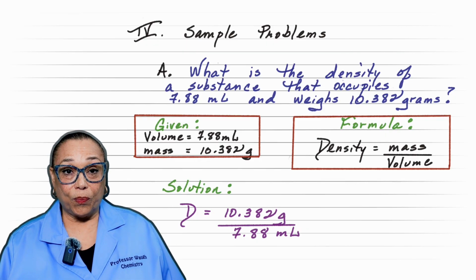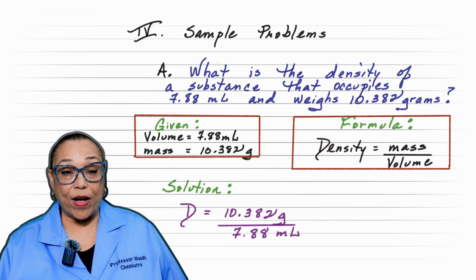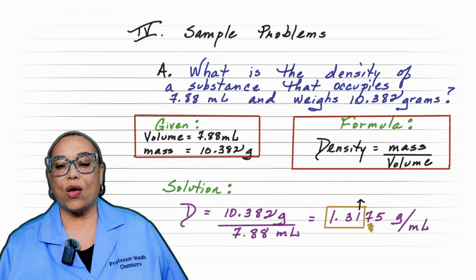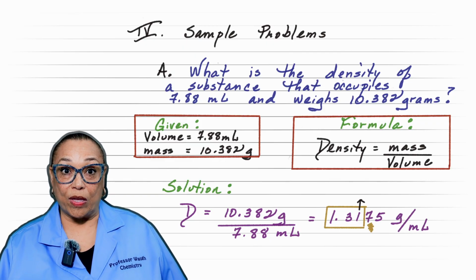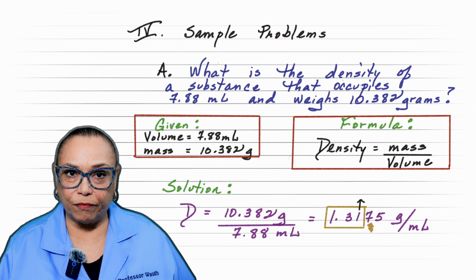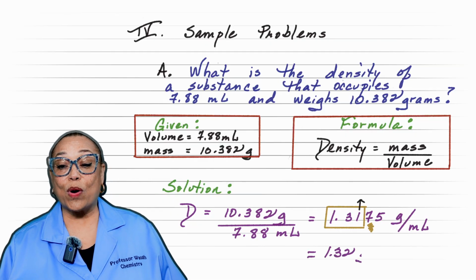Now remember, the 7.88 milliliters only has 3 sig figs, so your final answer must have 3 sig figs as well. So we always go with the least number of sig figs with division. If you don't know that, look at our previous videos. So the final answer is 1.32 grams per milliliter.